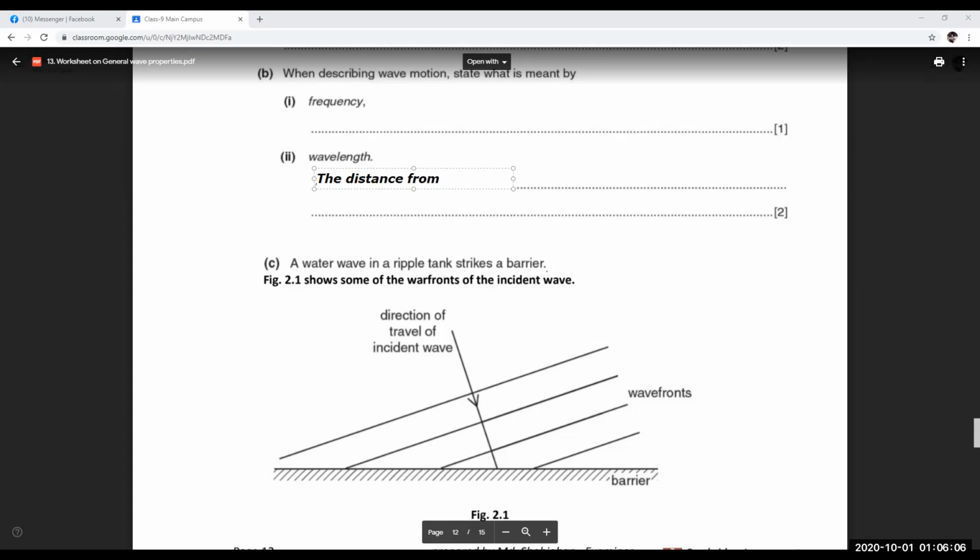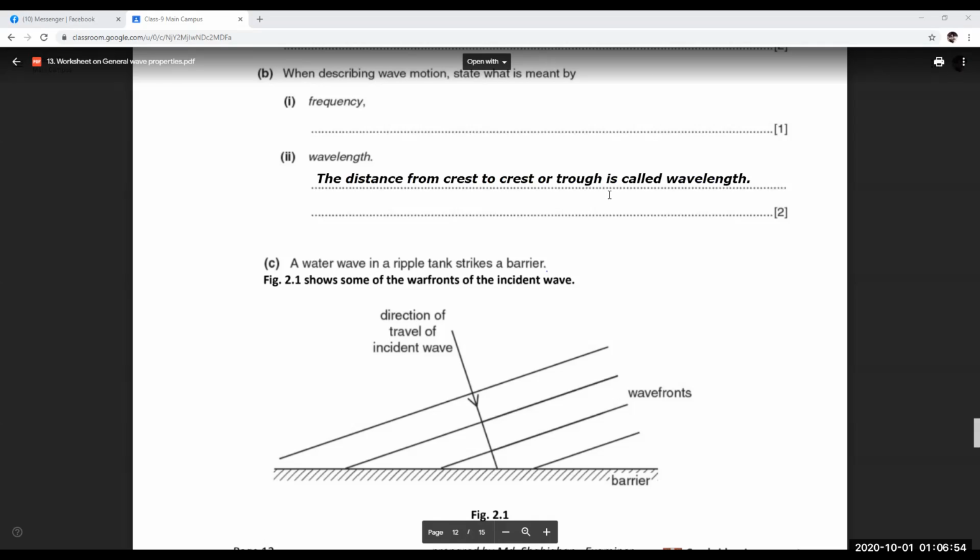Crest to crest, or trough to trough, is called wavelength. Okay, done. The definition of wavelength is done.